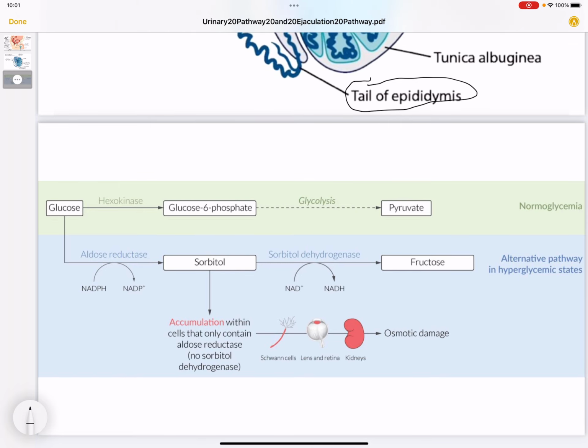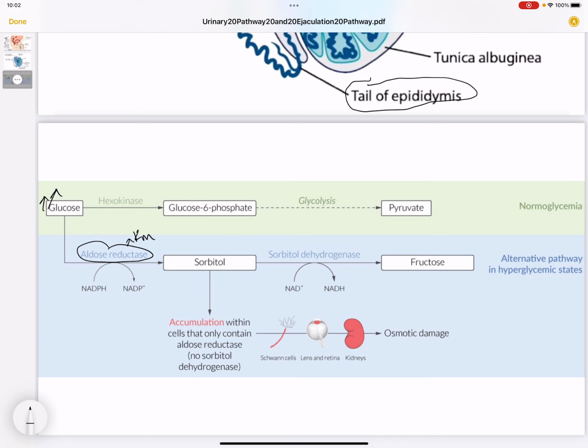You might have gone over this pathway when you were talking about diabetes. And essentially, when we have high levels of glucose in our body, instead of glucose going through normal glycolysis, it is going to be converted into sorbitol with the enzyme aldose reductase, which has a high Km.